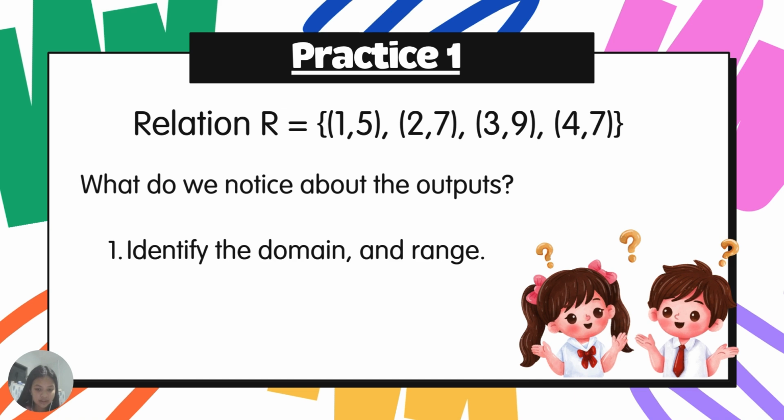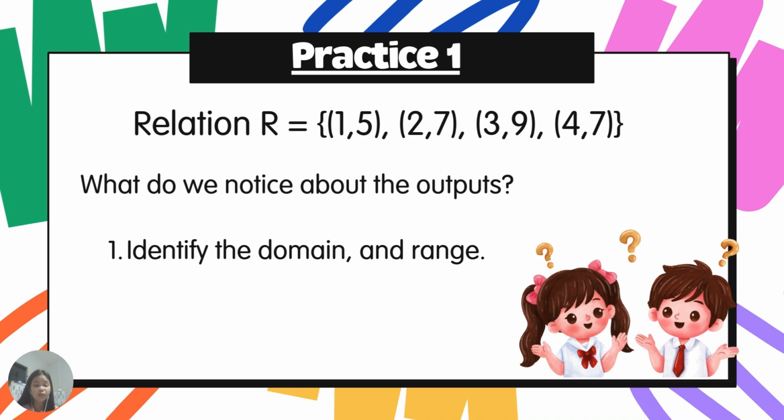So notice, did you notice anything about the outputs? Yes, the output 7 appears twice. But let's remember, this does not break the rule. As long as each input has one output, it's okay. It's still a function.